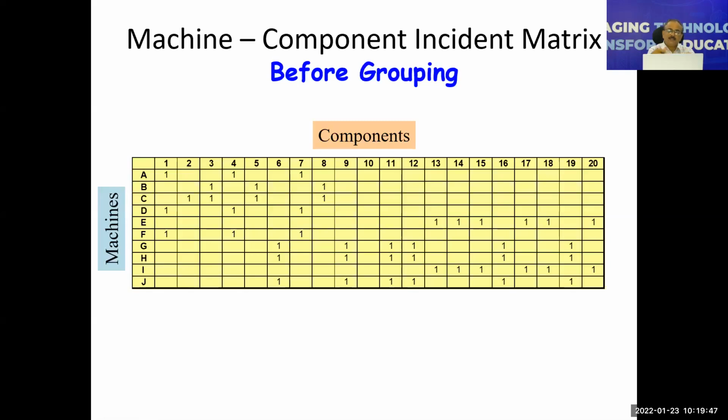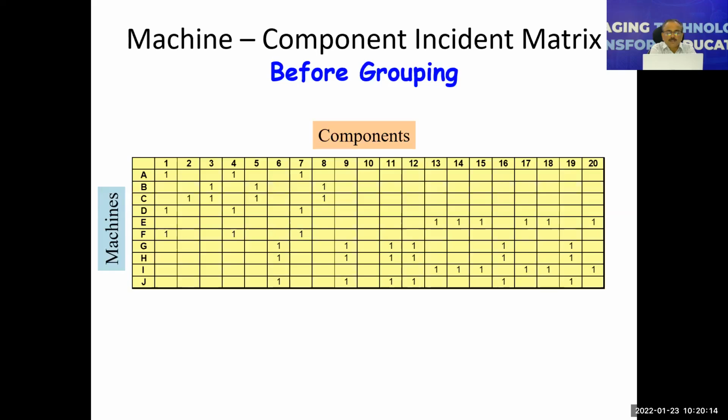Okay, but then you can form a part family based on the requirement. So what will be the similarity? It's the requirement in terms of the machine. For example, component 1 requires machine A, component 1 requires machine D, and machine A processes component 1 and component 4.